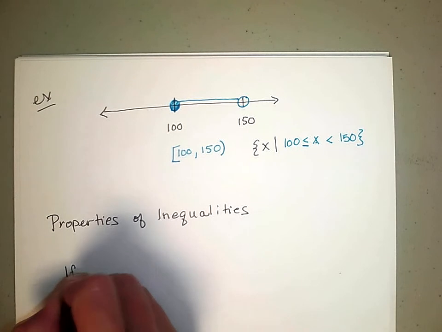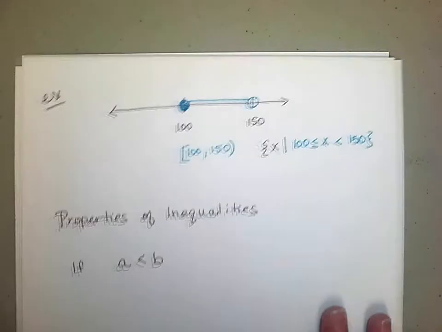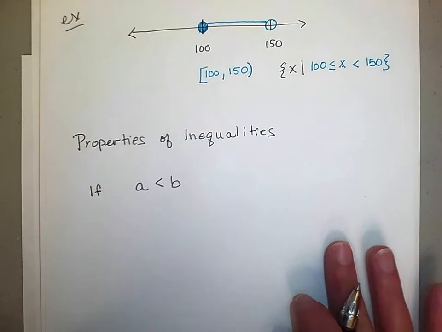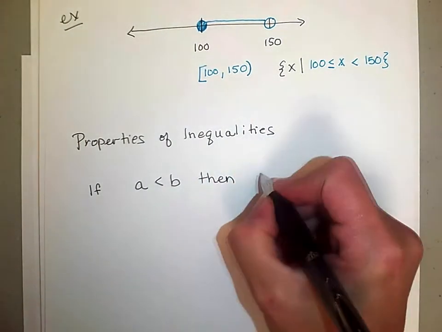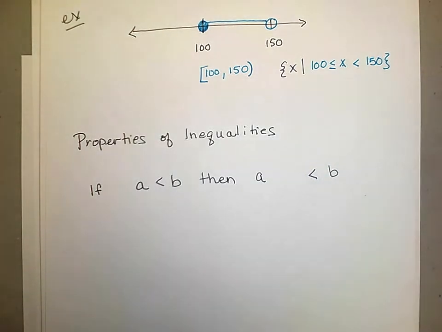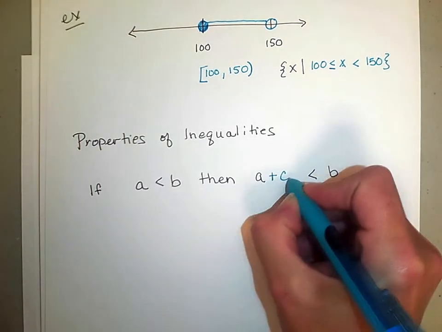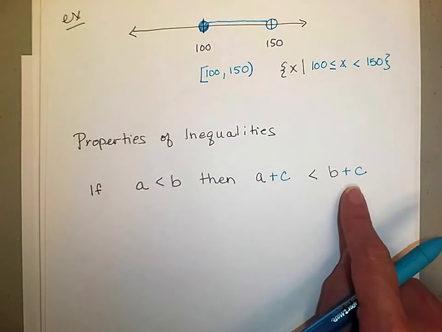So let's say we have some A that is less than B. Then, if this is true, then what I can do is add the same quantity to both sides, and the inequality still stays true.